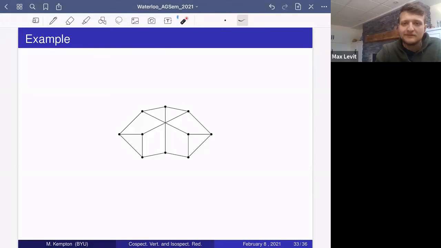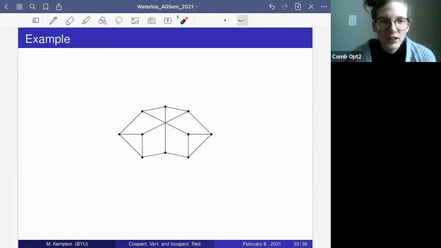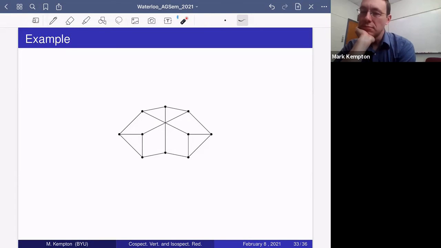Any other questions? I have a question. You had this theorem where you characterized the cospectral vertices using these hidden symmetries. It's very nice. I like that.